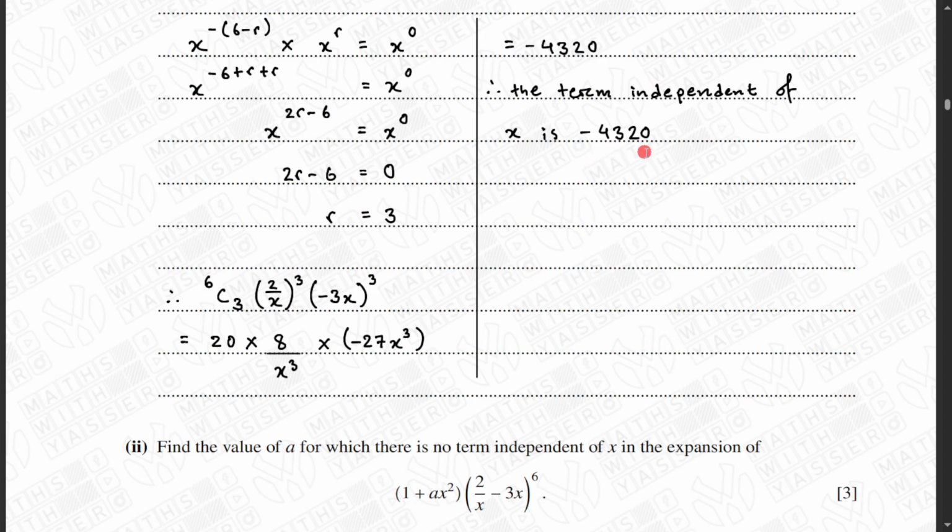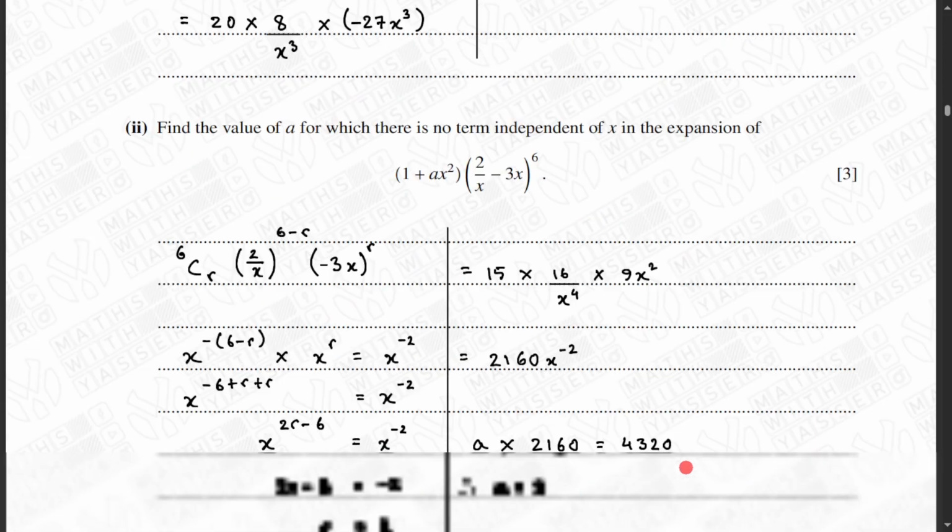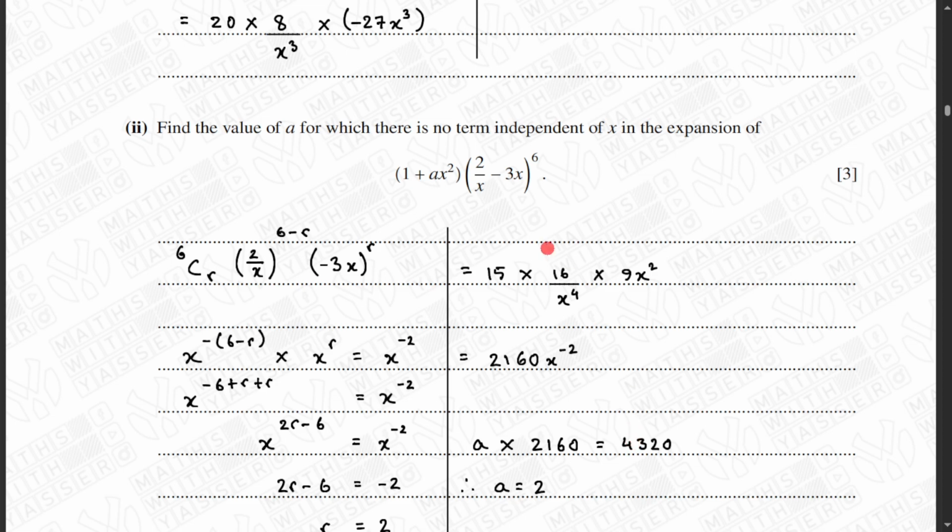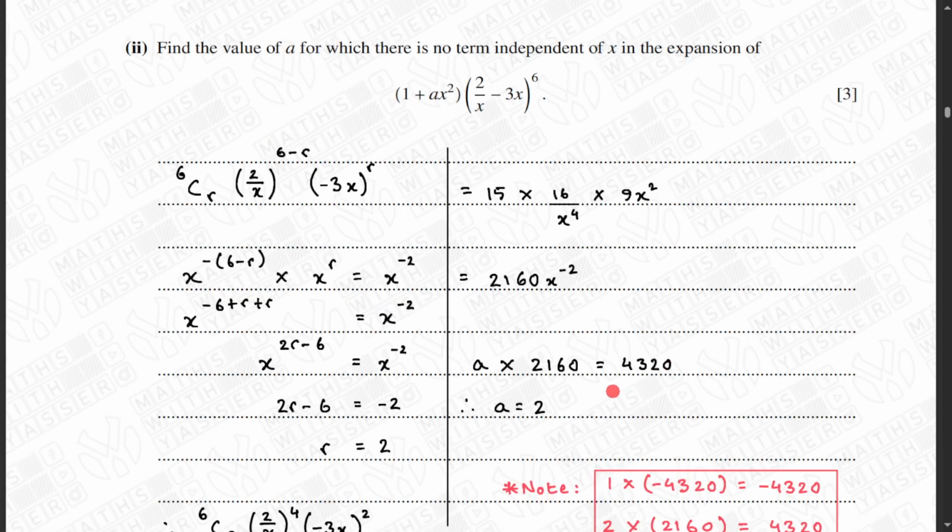That means if we have another term which will be positive 4320, then for the whole expansion of this equation, the negative 4320 and the positive 4320 will cancel out, and we will have no term independent of x in the expansion of this. So a times 2160 gives us 4320. This is what we need. So for that, a has to be 2.